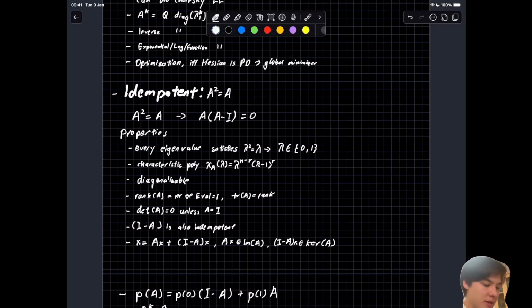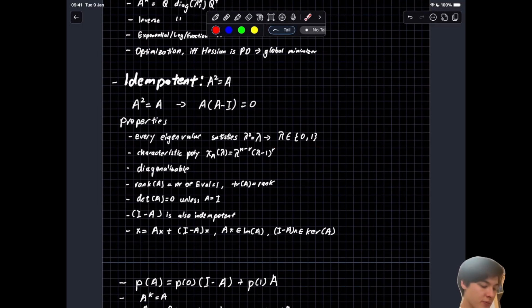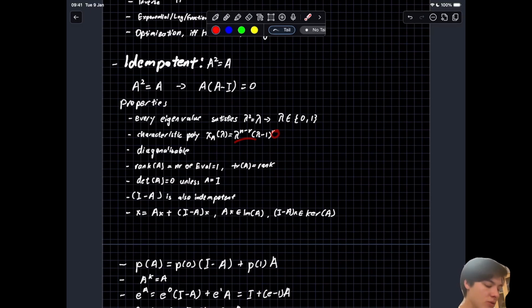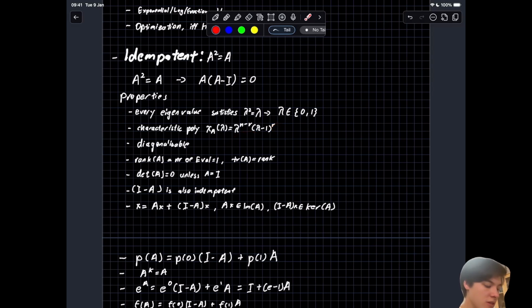So it can either be 0 or 1 only. So yeah, the characteristic polynomial consists only of lambda minus 1 to the power of the rank, and then lambda to the power of whatever is in the null space.